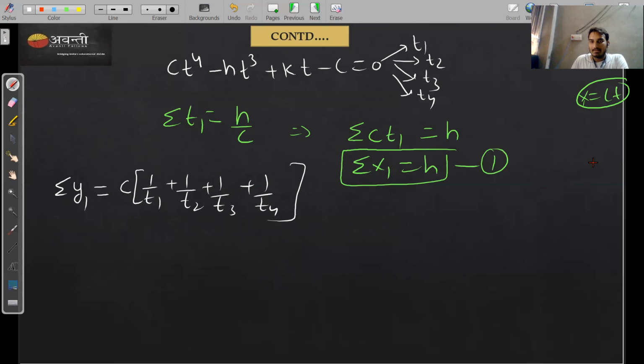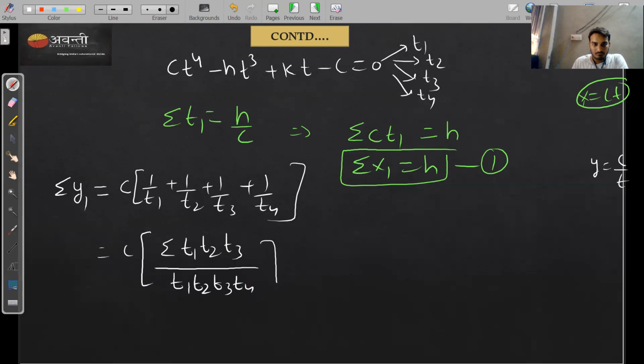Because y is c by t and there are 4 points: c by t1, c by t2, c by t3, c by t4. Now solve this. You get the sum of roots taken 3 at a time divided by the product of roots.